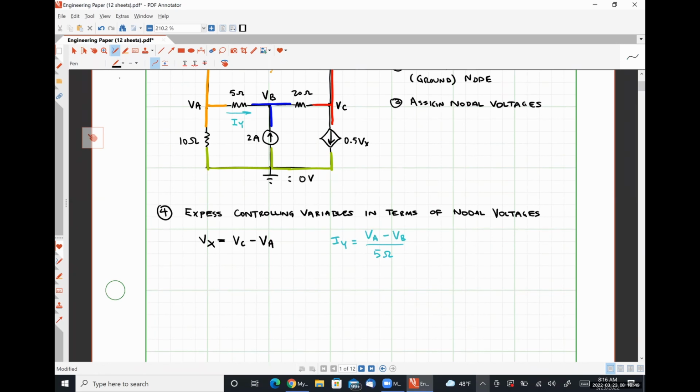All right. So after we have expressed all of our controlling variables in terms of our nodal voltages, our next step is going to be apply Kirchhoff's current law at all non-reference nodes.